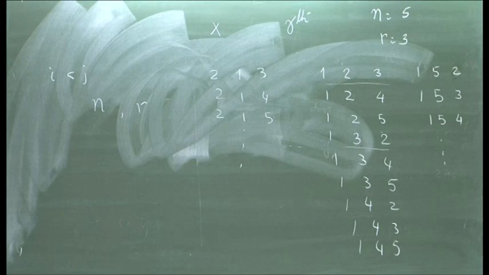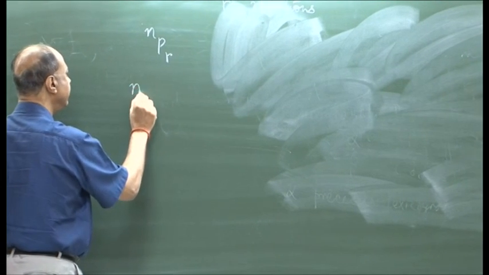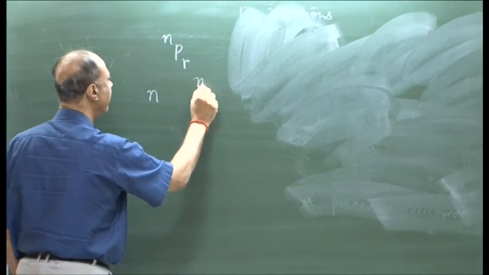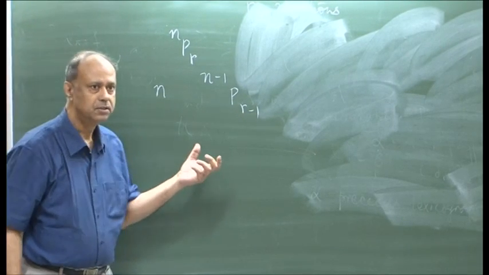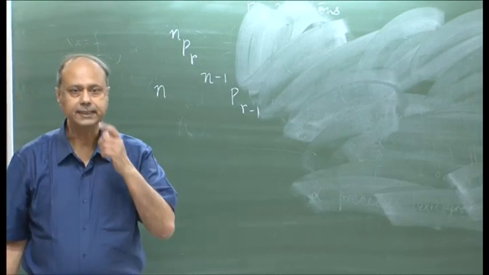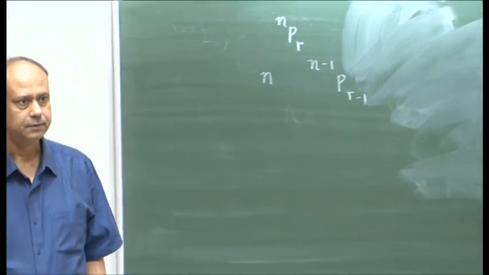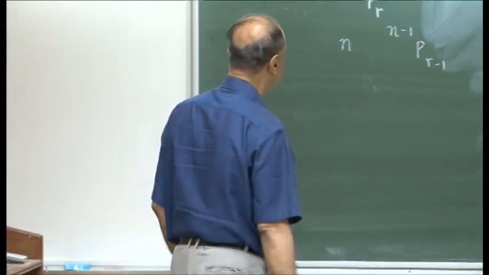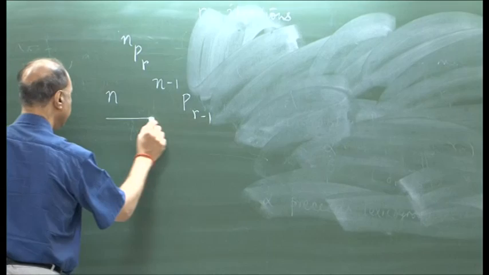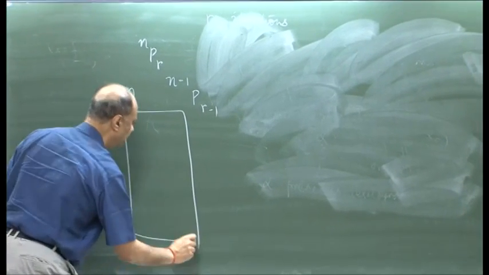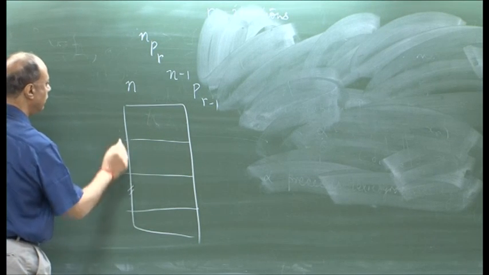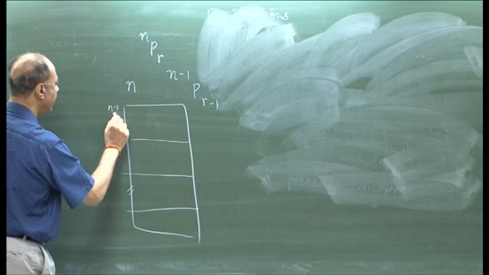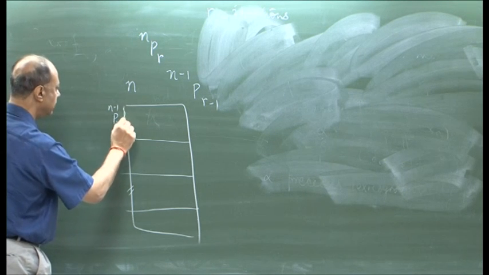Right? Basically, if I have nPr arrangements, then these nPr arrangements can be divided into n blocks. Each block is of size n minus 1 P r minus 1. Okay? Now, you have nPr. I can divide into those n minus 1 P r minus 1 size blocks.